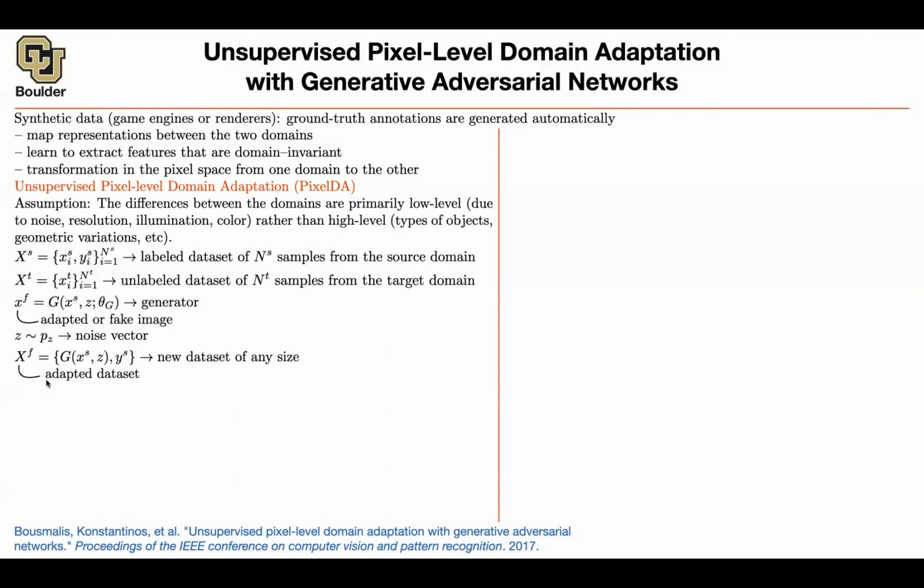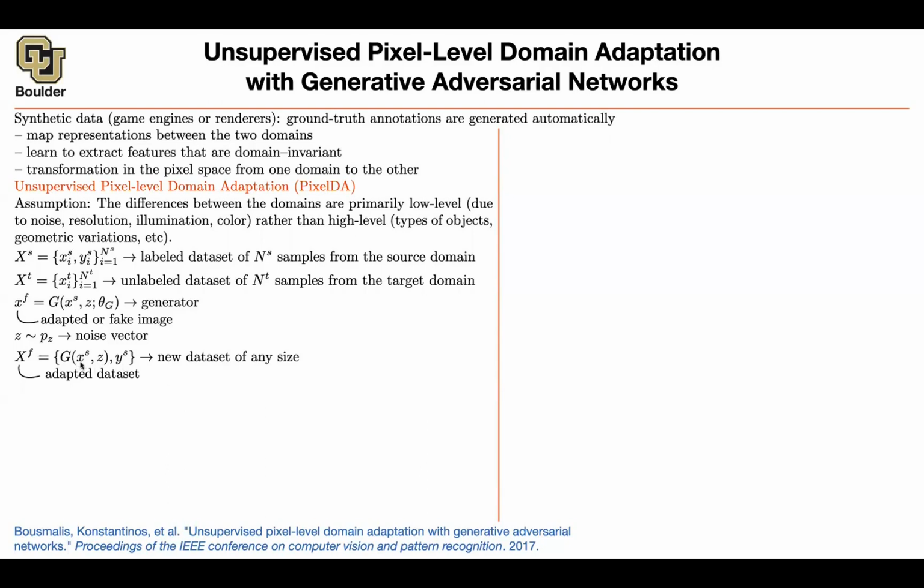Now, why is this useful when it comes to domain adaptation? It is useful because you can take a source image, push it through your generator. It's going to give you a fake image that is going to look like your target images. Okay, you just translate it from source to target at the pixel level, but something good happened. You know the corresponding label for that image.